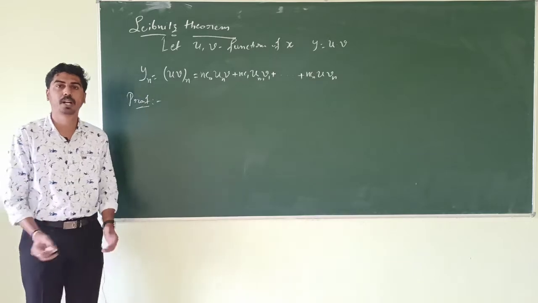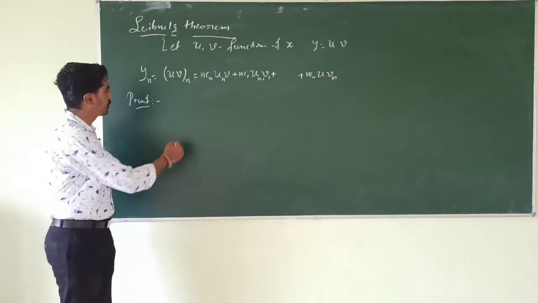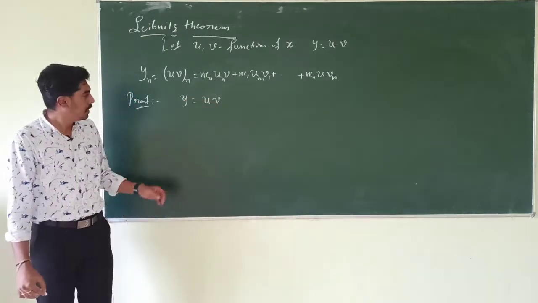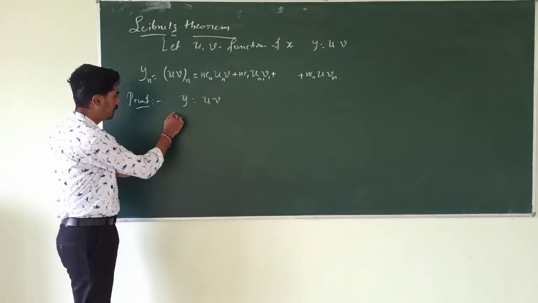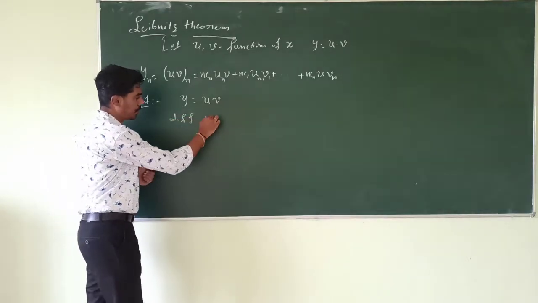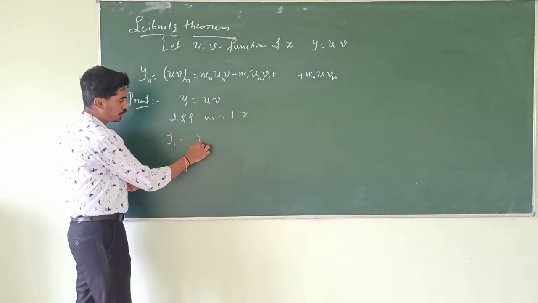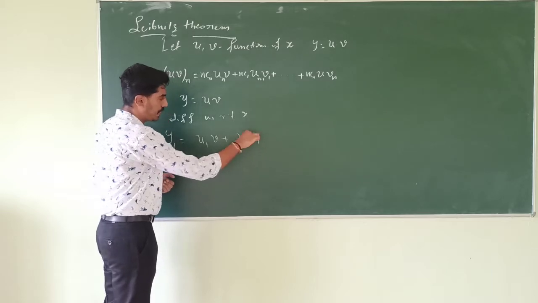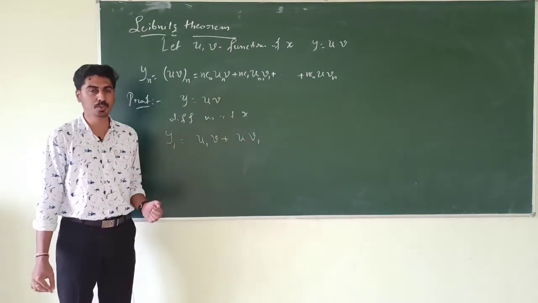Proof. For n equal to 1, y is uv. If I differentiate this with respect to x, I get y1 is equal to u1 v plus u into v1. This is by product rule.